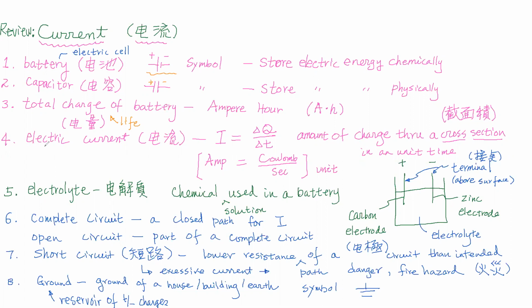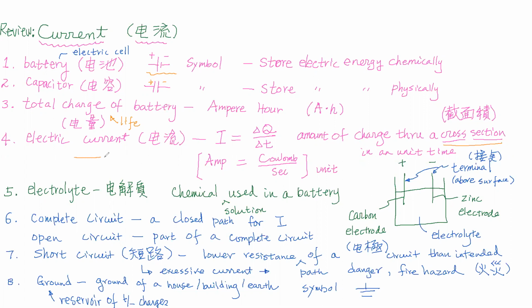Number four, electric current. I is the symbol for current. Q is the charge. Delta Q means in the delta T time, how much of the Q has gone through a cross section.